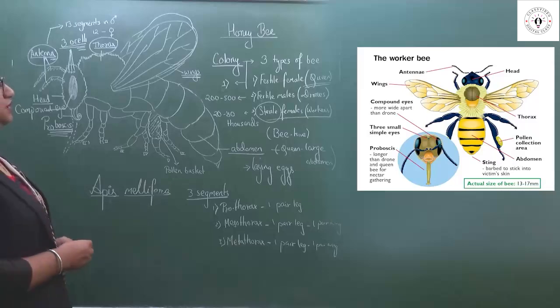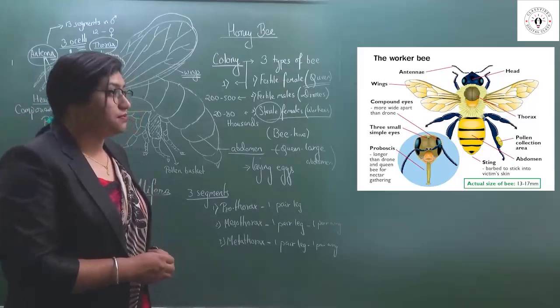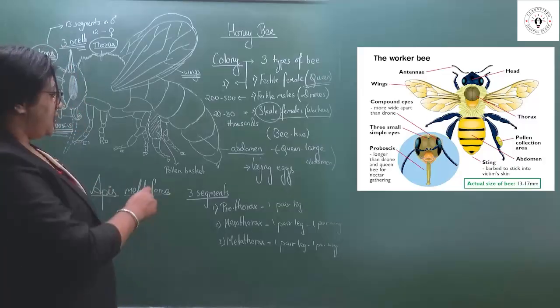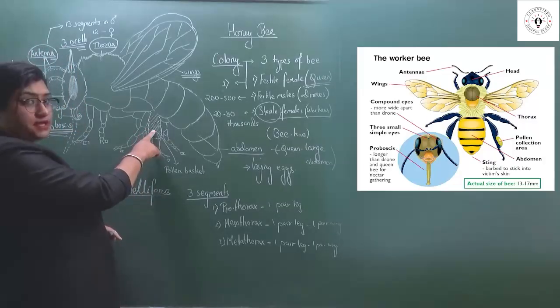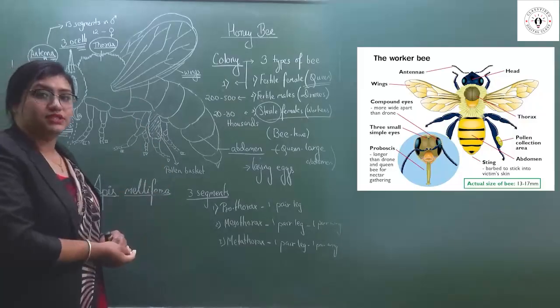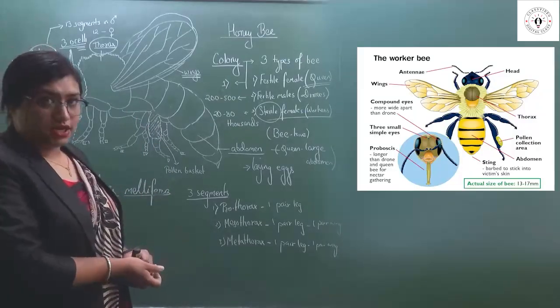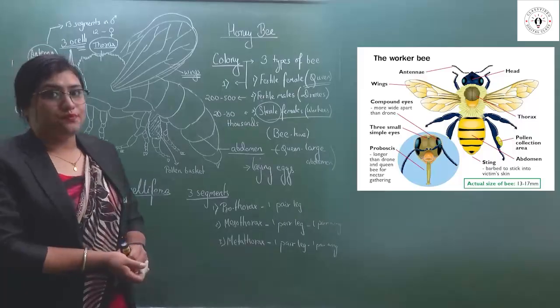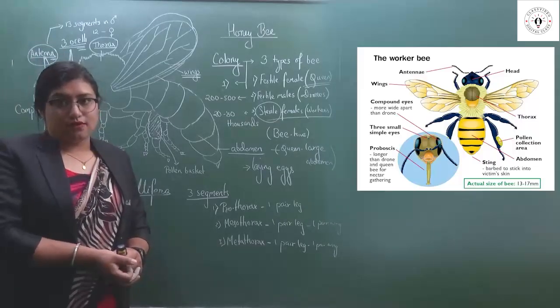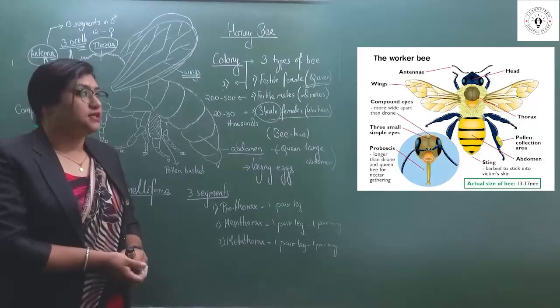I hope you are clear about this. Let's go through the slide again. Have a look at the pollen collection area at the hind limb. This section, which I have denoted pollen basket, is written on the slide as the pollen collection area. Once they sit somewhere and rest on the flower, all those pollens are collected in that area.